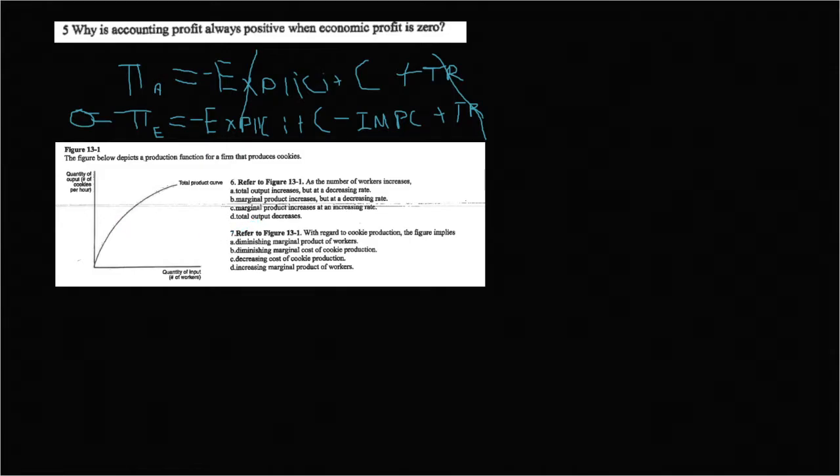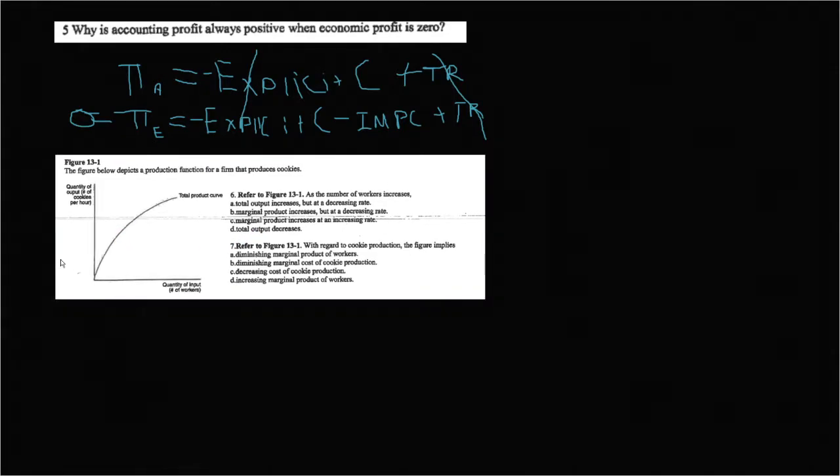Alright, so now let's look at this. Refer to this figure as the number of workers increases. So this is the quantity of workers. As this x-axis is increasing, we see the output is increasing.